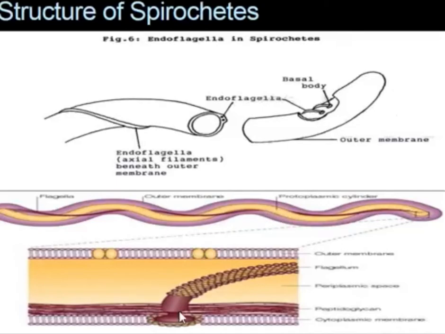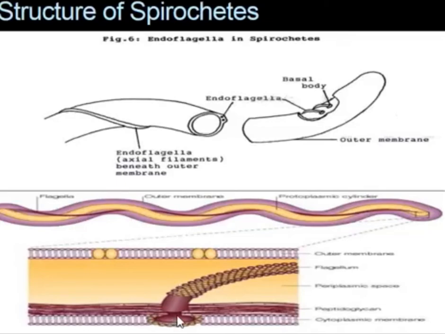Now, in order for us to know where the endoflagella is attached or inserted, if we give the terminal portion of its body a magnification using an electron microscope, we can see that one end of the endoflagella of the organism is really attached or inserted to a plate-like structure so that it can have a tight attachment to the coiled body of the spirochete organism.